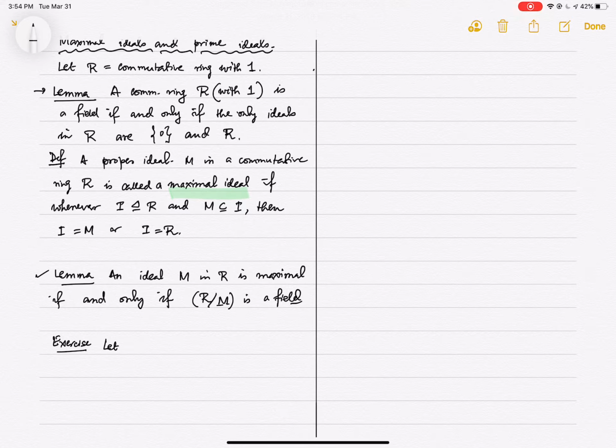Let F be a field, and let's take the two variable polynomial ring. So for F, you can take rational numbers or real numbers or complex numbers or something.